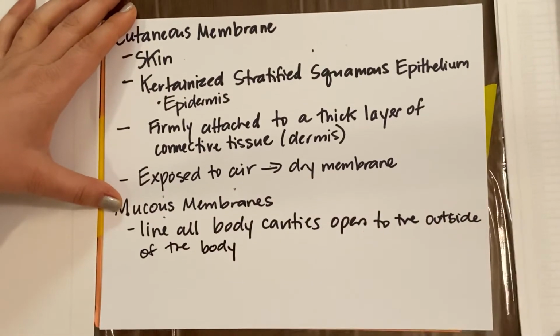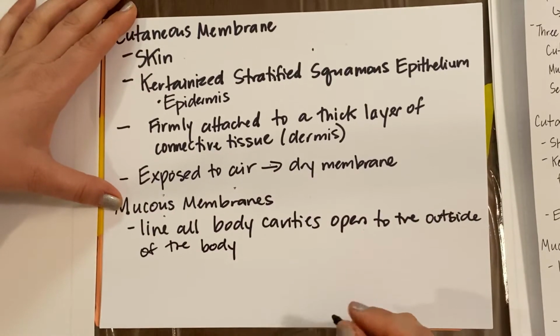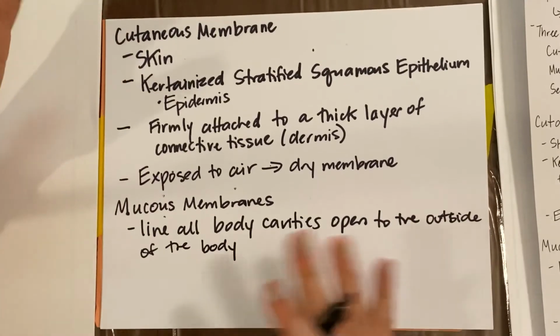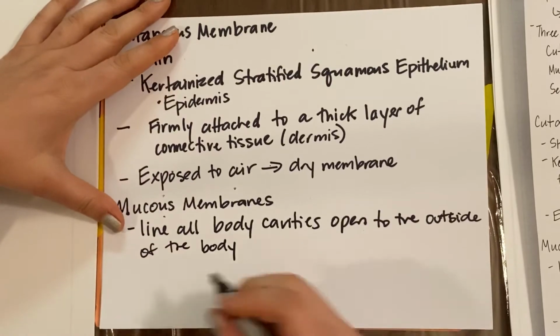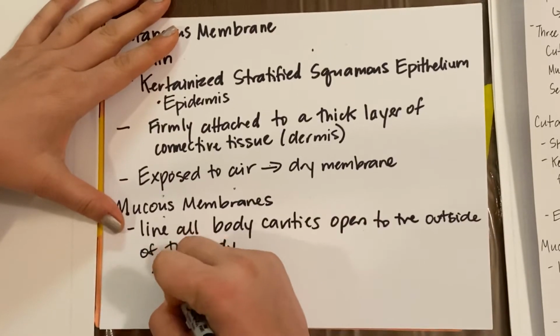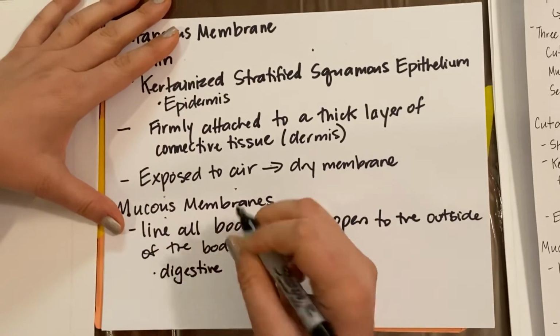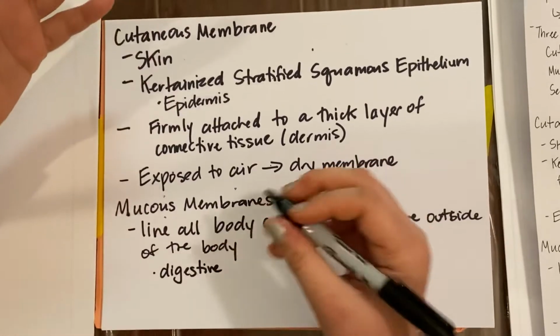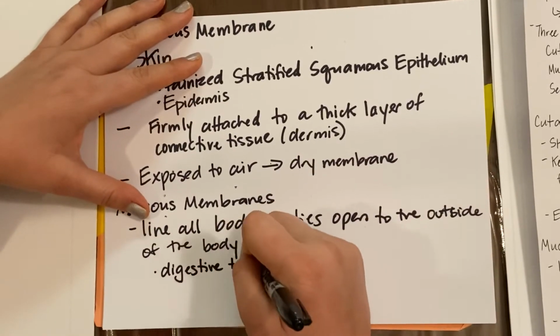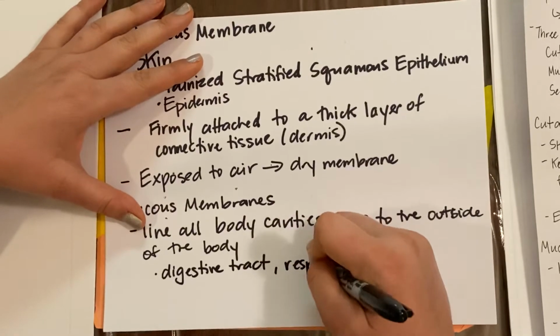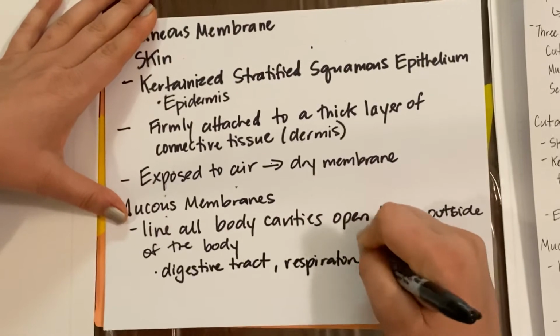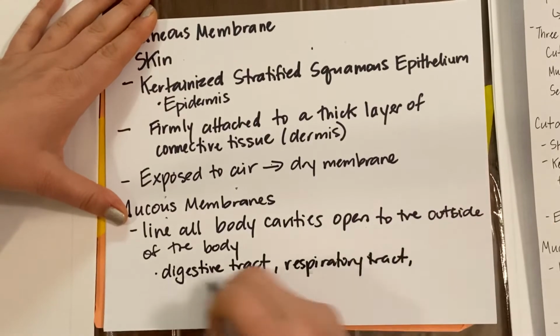Okay, so think about your mouth, your anus, anything that's going to be open to the external world. So we're going to have the digestive tract, the respiratory tract, and the urogenital tract.